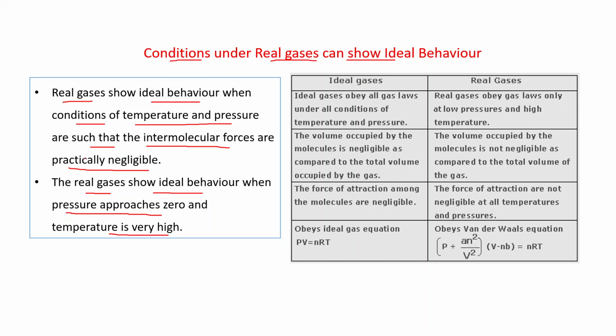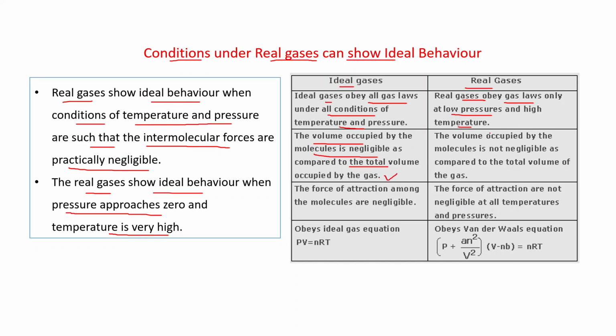Is that clear? Now, what are the differences between ideal gases and real gases? Ideal gases obey all gas laws under all conditions of temperature and pressure, while real gases obey gas laws only at low pressure and high temperature. In an ideal gas, the volume occupied by the molecules is negligible as compared to the total volume occupied by the gas.